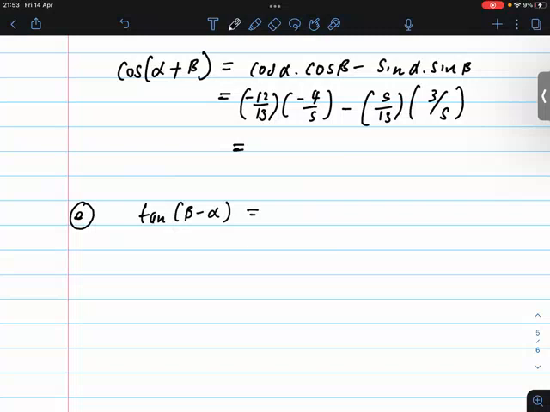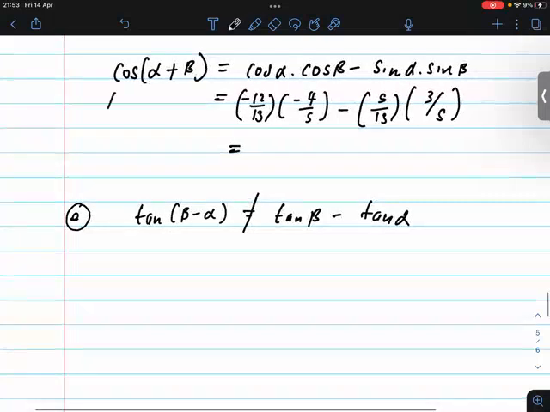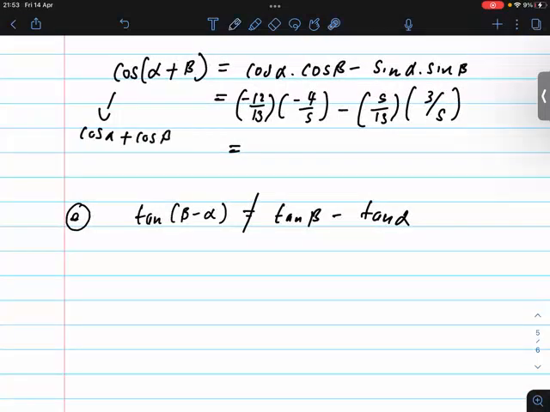No. This is not equal to tan beta minus tan alpha. It's not. Just like cos of alpha plus beta is not the same as cos alpha plus cos beta. You don't distribute it.